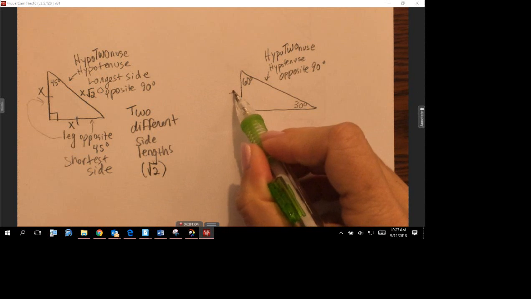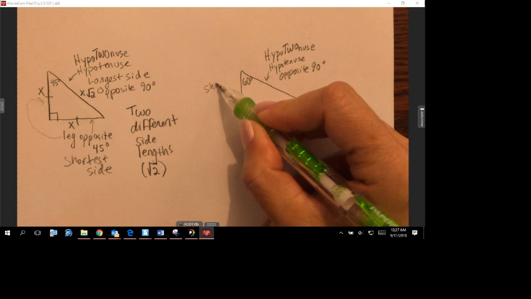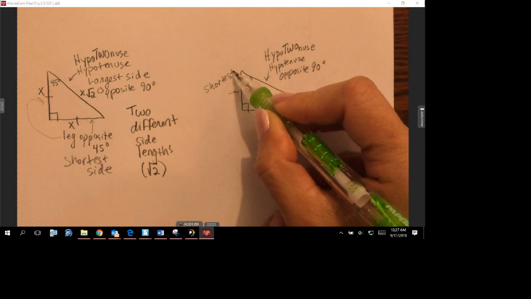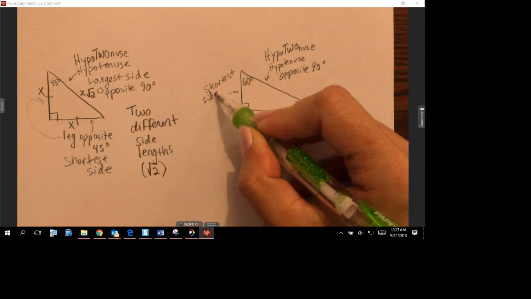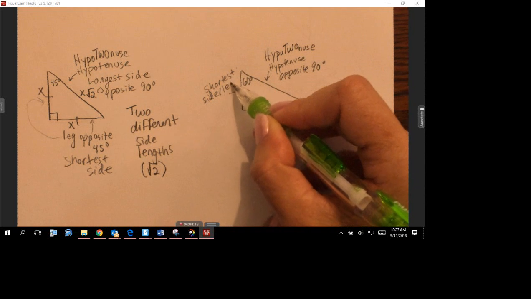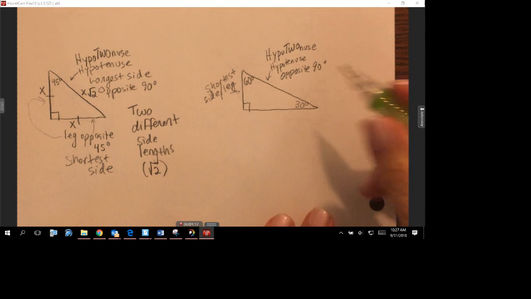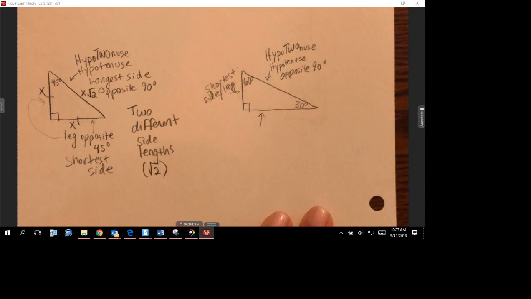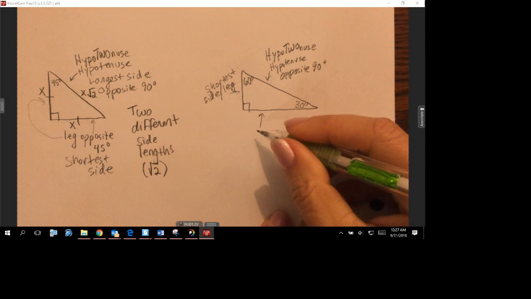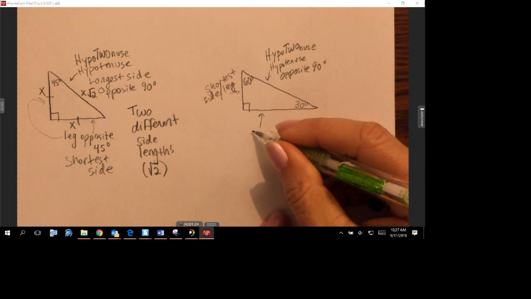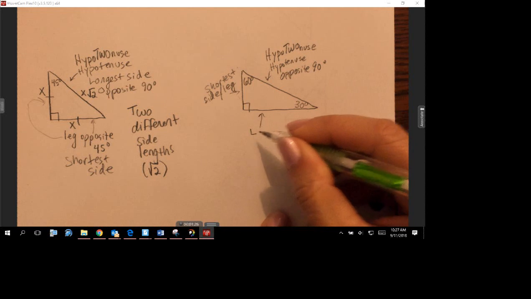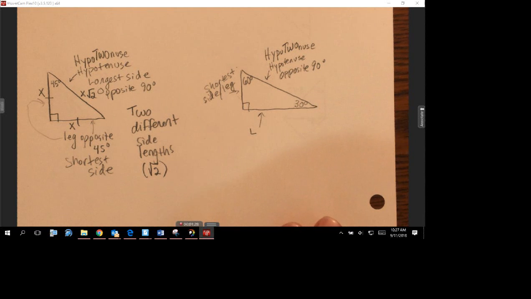So you guys told me this is the shortest side. Or you could say the shorter leg, or shortest leg. And then what's this one right here? The longest leg or longer leg? Longer. Oh, no. The longest.